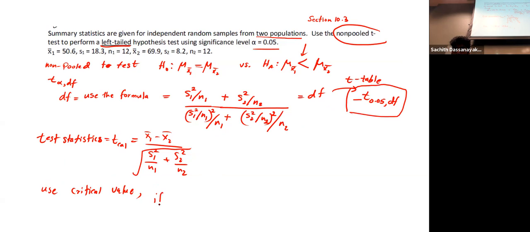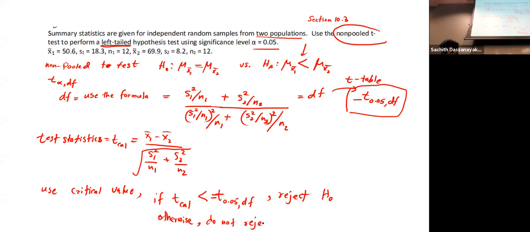If Tcal is less than negative T 0.05 with the degrees of freedom, then reject H0. Otherwise, do not reject H0. Clear? This is the same thing we discussed, right? Okay.